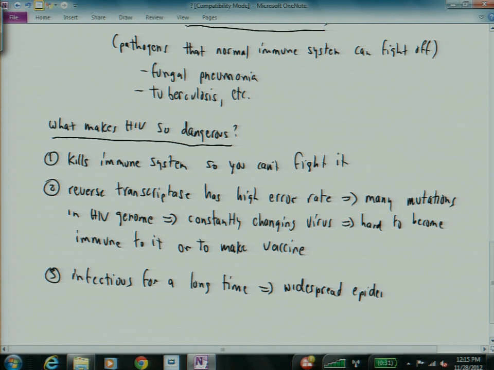Because at least before there was treatment and before people knew what was going on, or in places where there isn't good HIV prevention, a person can be infected and be sexually active for 10 years or more before they get so sick that they can't be sexually active anymore. And so for those 10 years, they're spreading the virus, knowingly or unknowingly. And so it's particularly insidious that way.